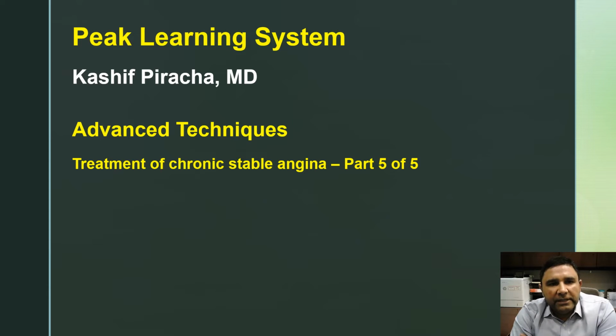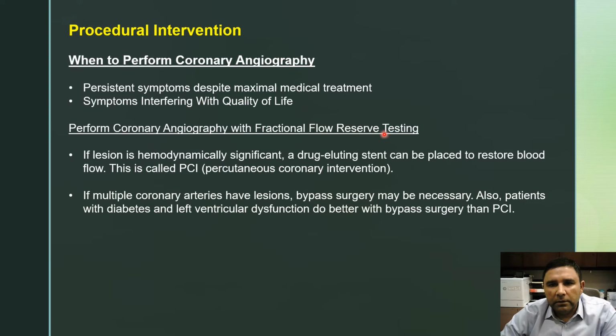And today I'm going to talk about advanced techniques, and this is part 5 of the series that I'm doing on the treatment of chronic stable angina. So basically, after you have a patient who you've already determined has chronic stable angina, you go through the algorithm and you try lifestyle modifications, you do risk factor control, you treat with drugs for mortality benefit or symptom relief.